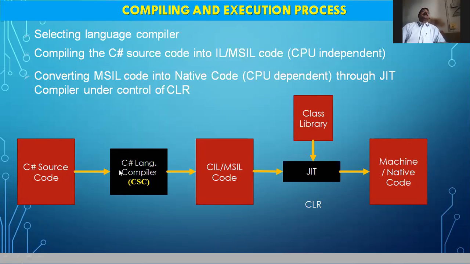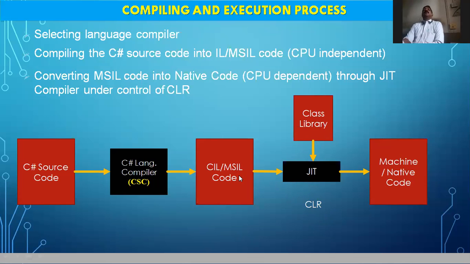The source is given here, then the C# language compiler, that is the CSC compiler, will be available. After that, the MSIL code will be generated, and this MSIL code, that is Microsoft Intermediate Language code, will be given to the JIT compiler. The JIT compiler takes the support of the base class library, and the common language runtime contains the JIT.